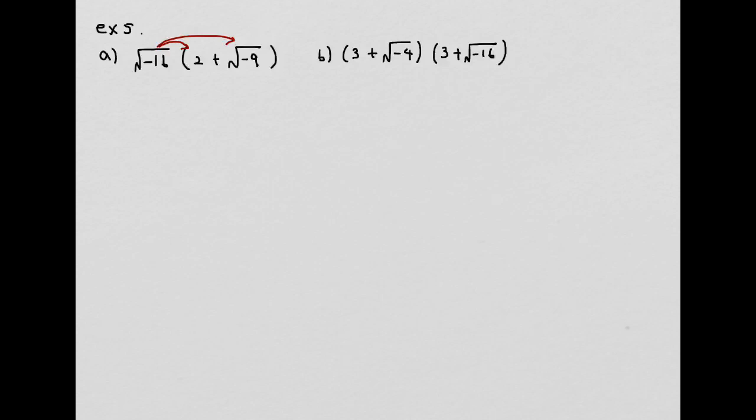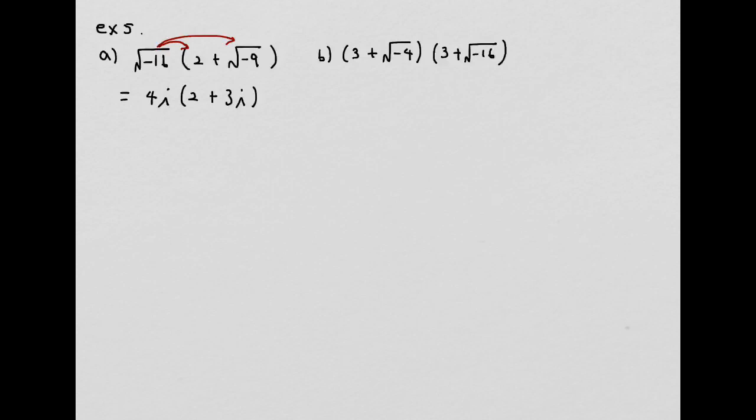But before we do that, we need to make sure we convert all this into imaginary numbers and simplify them, right? So square root of 16 is 4 and negative is i, right? And then you have 2 plus square root of negative 9, which is 3i.